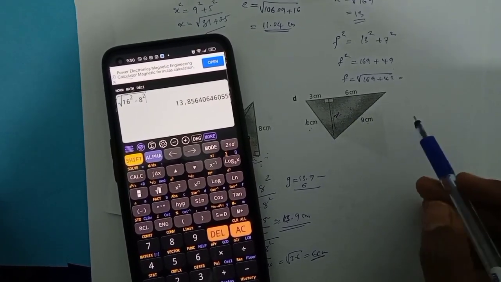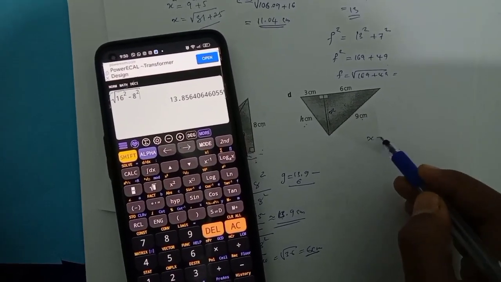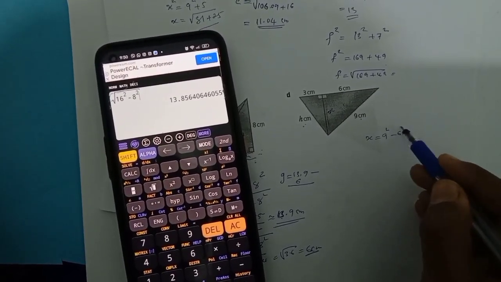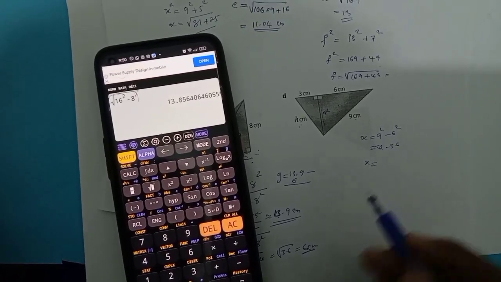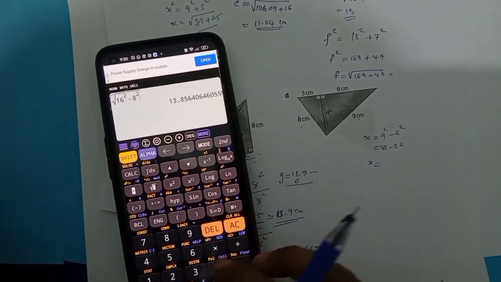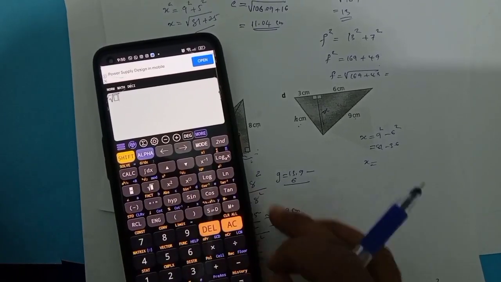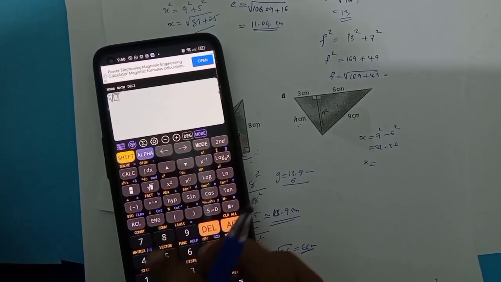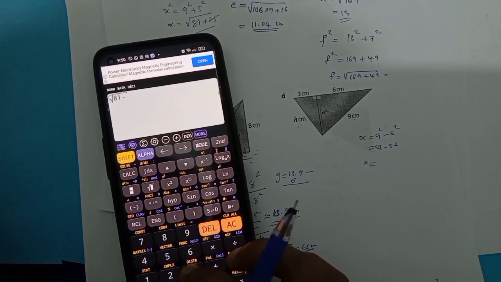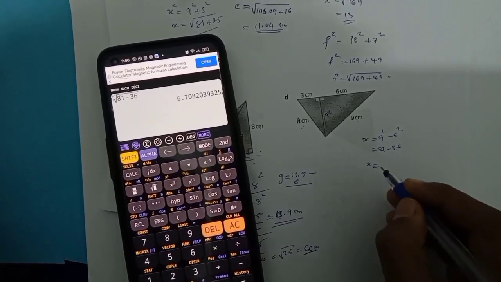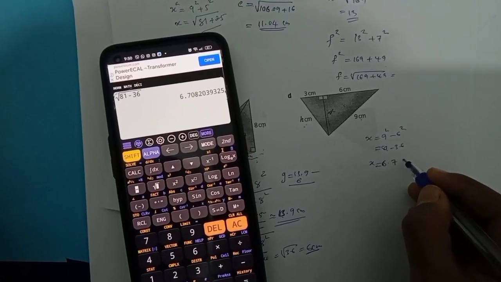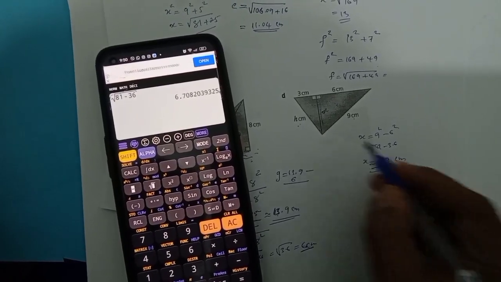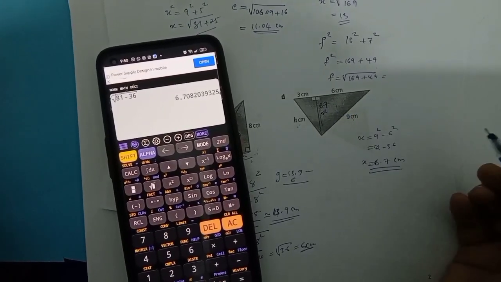So I just take this as x. So that is x square is equal to 9 square minus 6 square, 81 minus 36, right? The x is equal to root of 81 minus 36, 6.70, 6.7, we can take it, that is centimeter. Clear? So this one is 6.7.